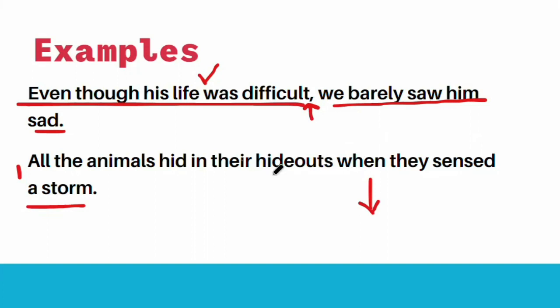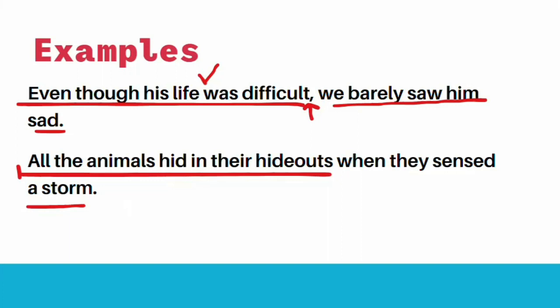No, we don't have any comma here, which means that if your sentence is beginning with an independent clause, you don't need to have a comma between the independent clause and the dependent clause, right? So we need to remember these two things. They are the most important rules: put a comma if the sentence begins with a subordinating clause or a dependent clause, and don't put a comma if a sentence is beginning with an independent clause.